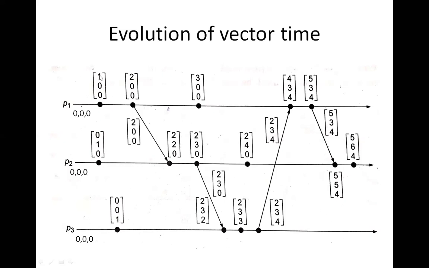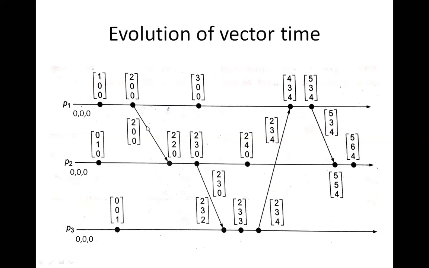Here the first event occurs, so it becomes 100. In this one, the first event occurs, so it becomes 010, and this event occurred in P3, so it becomes 001. The first component always represents the local timestamp of P1, the second component represents the timestamp of P2, and the third component represents the timestamp of P3.